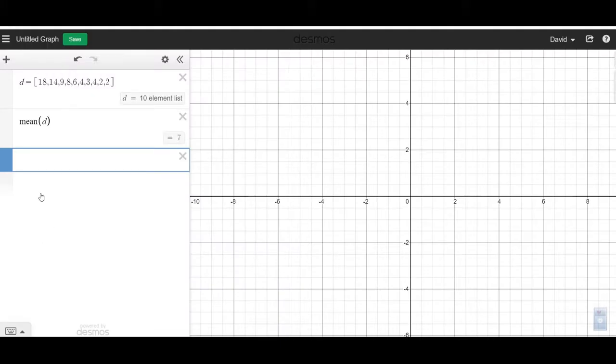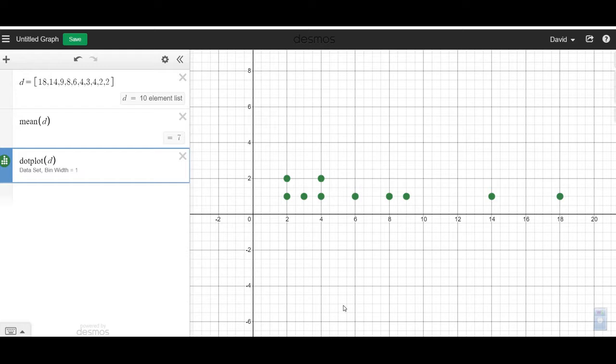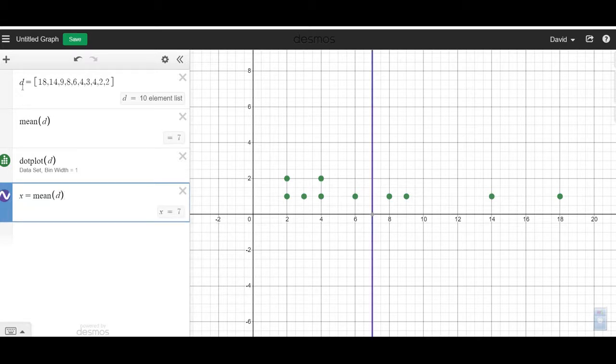All right, so I'm going to go ahead now and make a dot plot of D, right? And then I'm going to click on it. Okay, so here we go. So our mean is 7 here, right? So this is our mean. In fact, I'm going to go ahead and add an equation, and I'm going to put x equals the mean of D, and it's going to divide that for us, right?